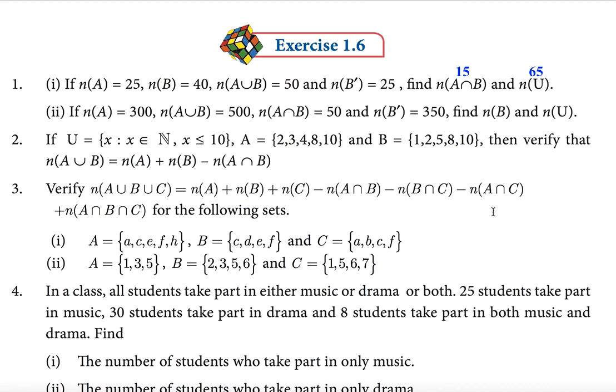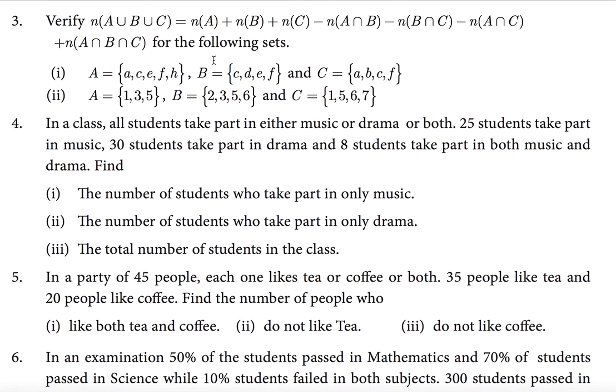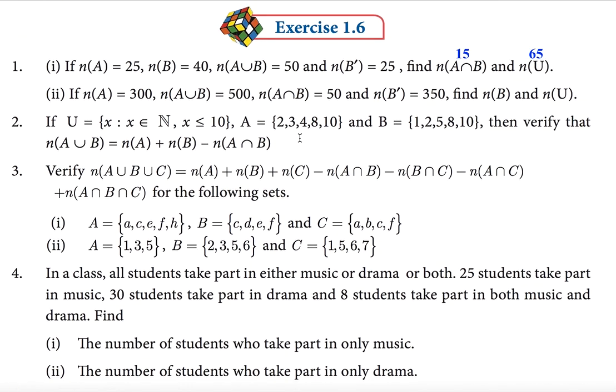Verify this: N of A union B union C equals N of A plus N of B plus N of C minus this plus this for the following sets. This also you can easily do. These kinds of set problems you can easily do.